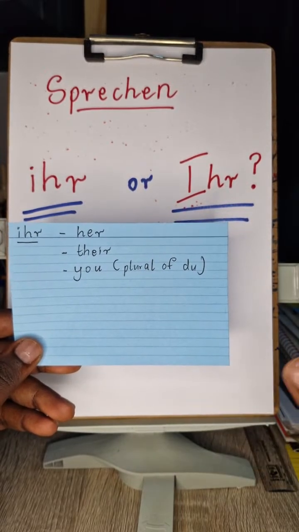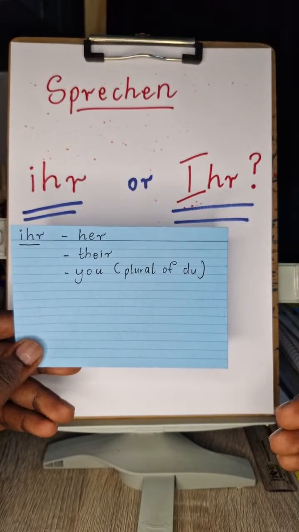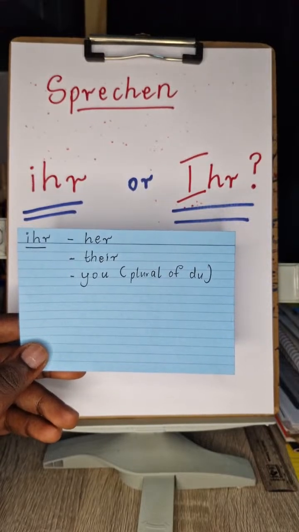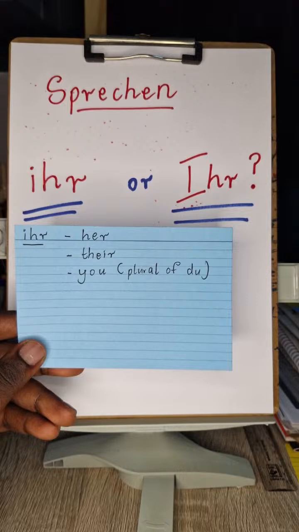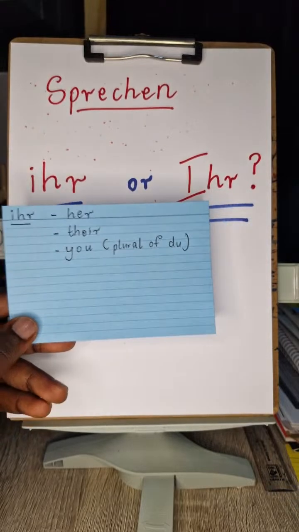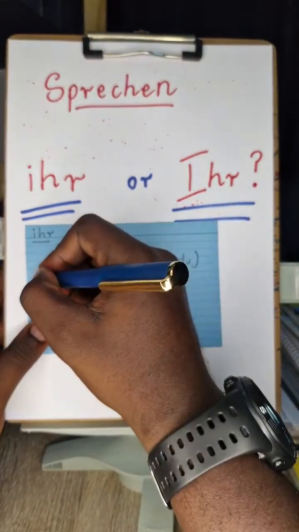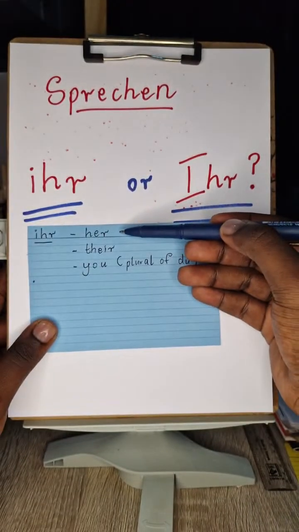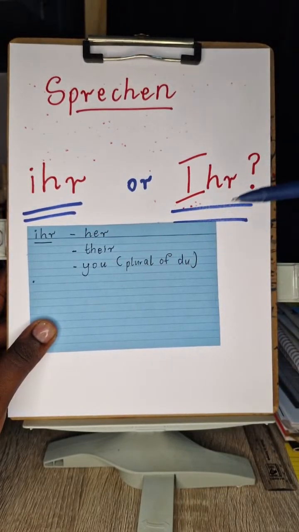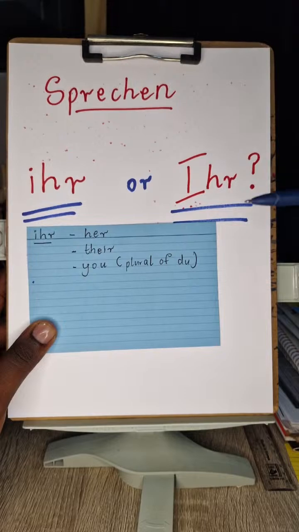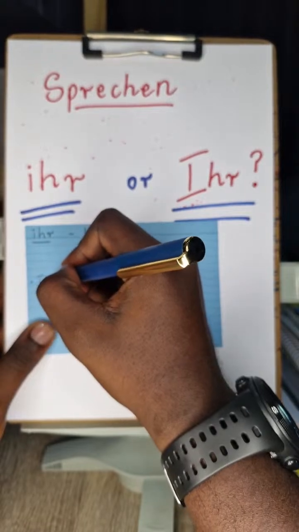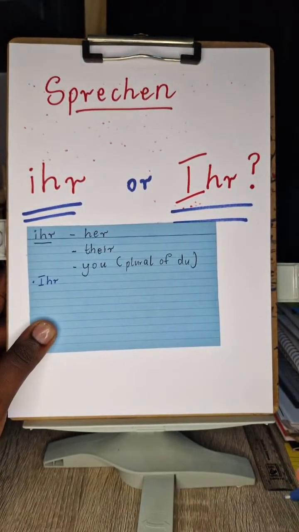All right. So let's now give some examples in sentences for us to see them in details, right? Now, maybe you want to say, her father is rich. Now, I'd like you to also try from your end. How would you say her father is rich? Remember we said that the first meaning is her, right? Normally it's small letter, but of course, if you begin a sentence, you will proceed to begin with a capital letter. So, her father is rich. Now, you can see I'm now beginning with a capital letter because that is at the beginning of a sentence, right?